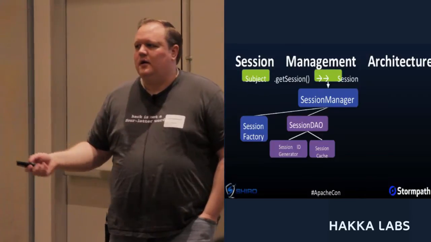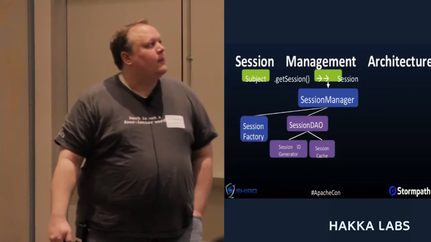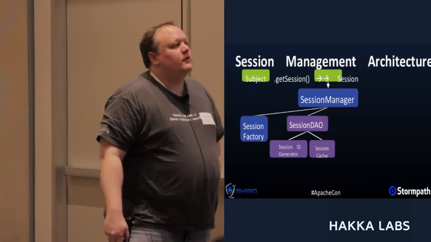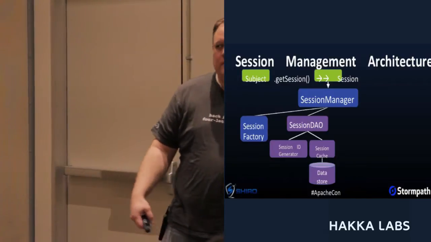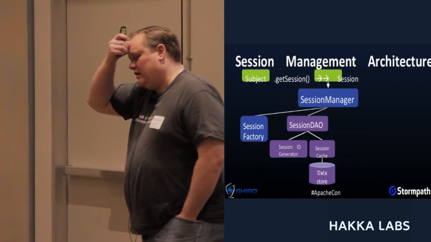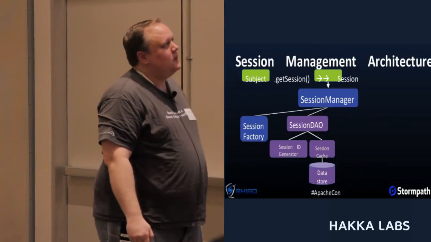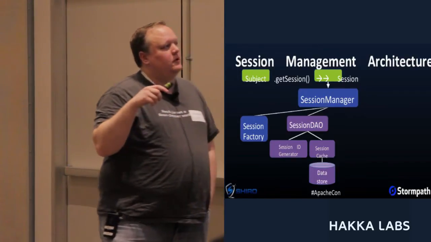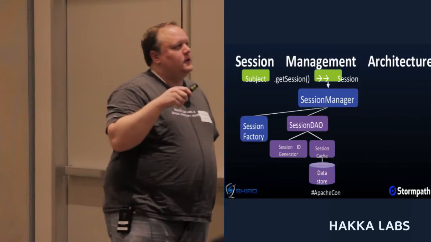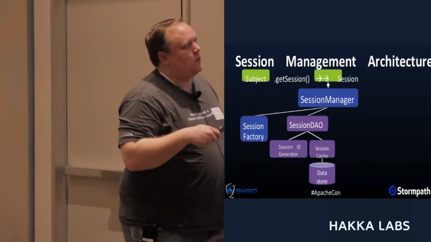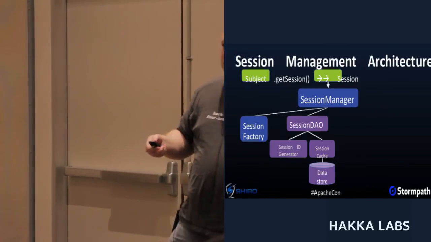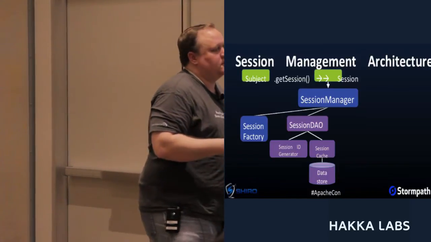You could plug in any number of second level caches. And then finally, there's the data store under the hood behind the session cache. And of course, in this case, we're going to be using Cassandra. So the purple objects on this diagram are really all related to persistence, or CRUD, for given session objects.